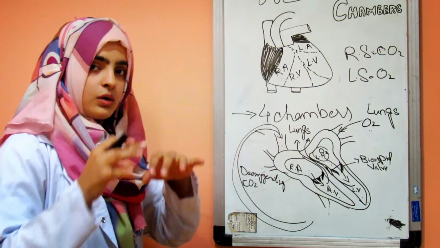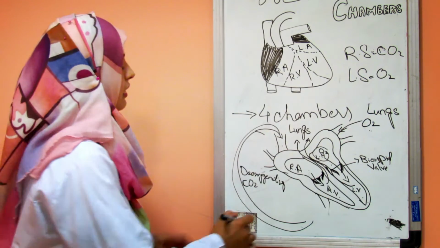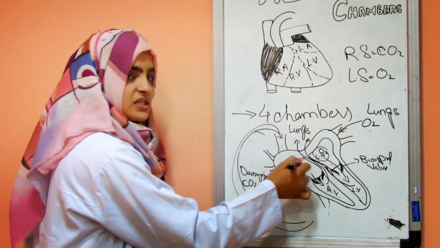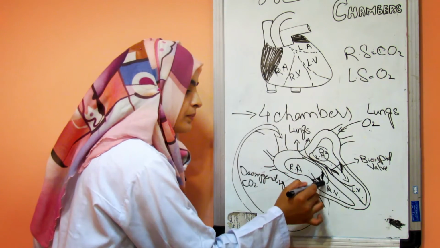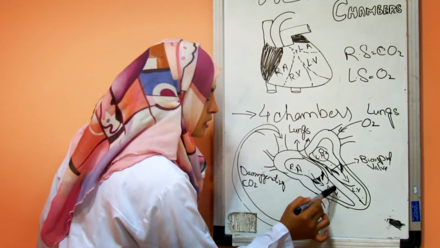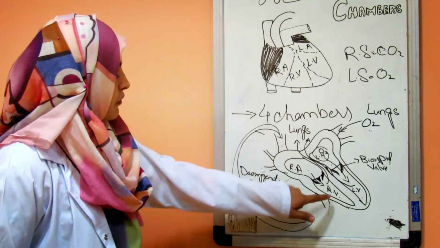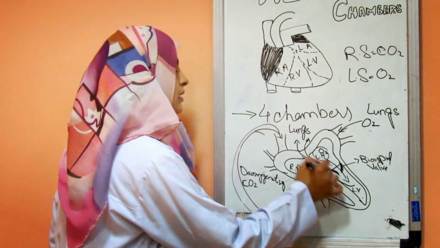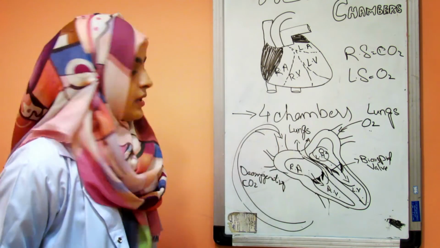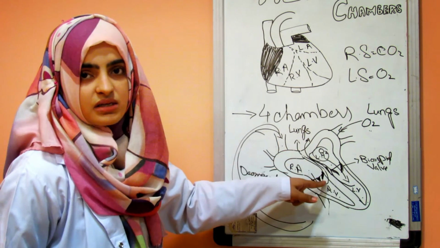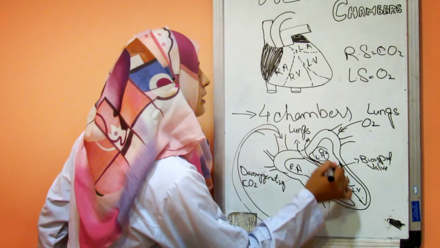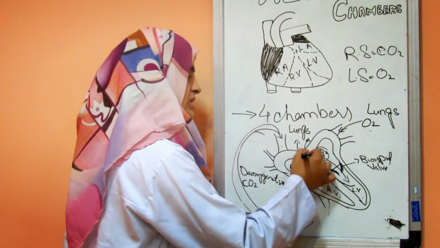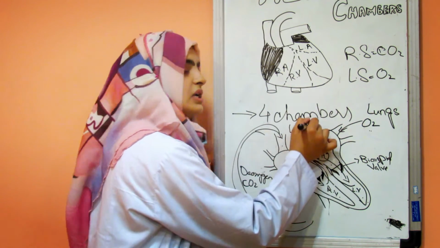Deoxygenated blood from the whole body, from all the tissues, comes into the right atria through veins, and from the right atria through the tricuspid valve it goes into the right ventricle, and the right ventricle pumps this blood to the pulmonary artery. There is also a valve between the right ventricle and this artery, the pulmonary valve. Now this deoxygenated blood goes into the lungs.